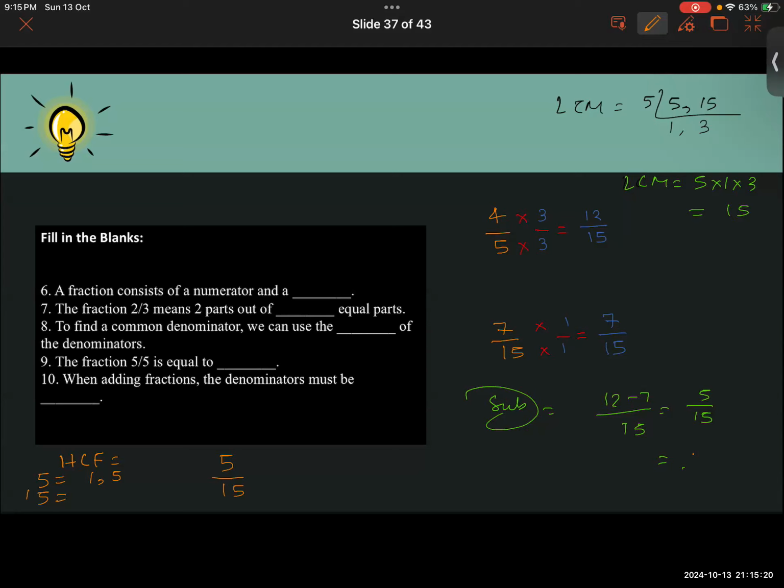Tell me. Start from factors, Habib. Factors are the numbers with which it will be divisible. 1, 5, 3 also. And 15 also, no?